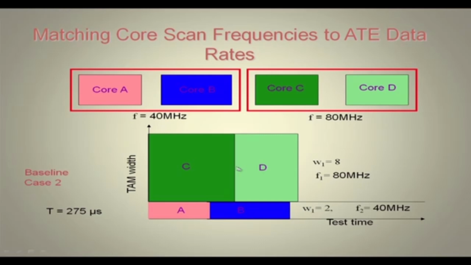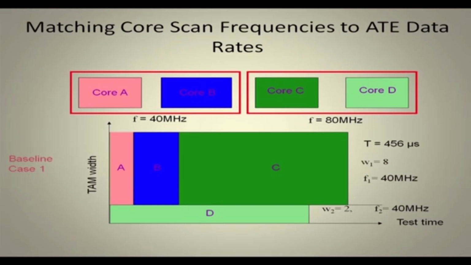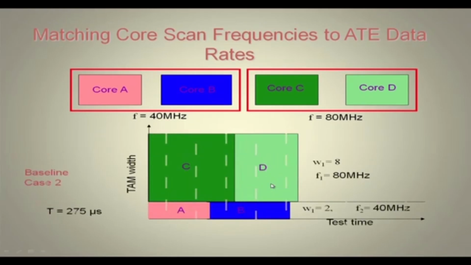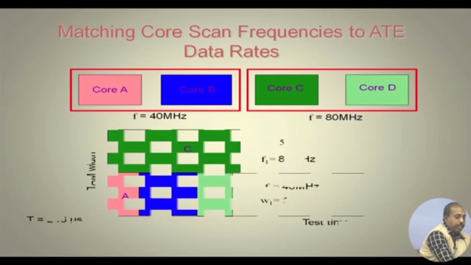Here I am putting W1 equal to 8, so C and D are put on faster channels, and A and B on the slower channel. Previously, C and D were very big rectangles, so putting them on the faster channel can reduce the test time. So, the overall test time becomes 275 microsecond.